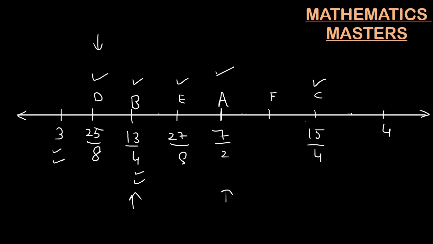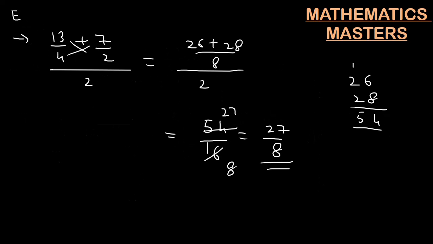27 upon 8. So till now we have found out A, B, C, D, E, 5 rational numbers. Let's go with the rational number F. It would be in the middle of 7 by 2 and 15 by 4. So F would be 7 by 2 plus 15 by 4, whole upon 2.